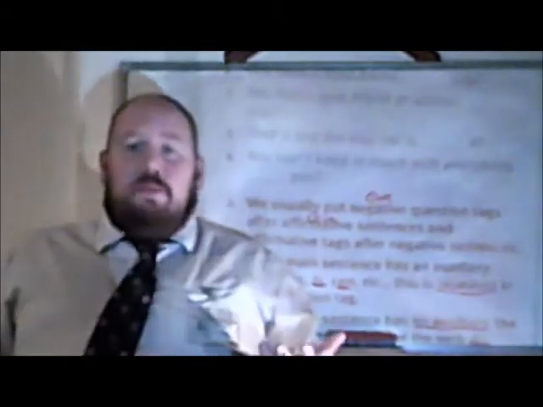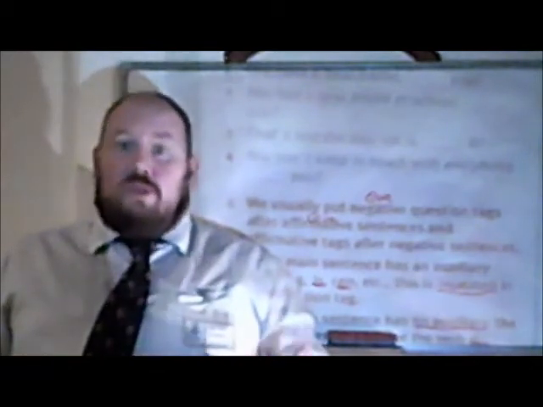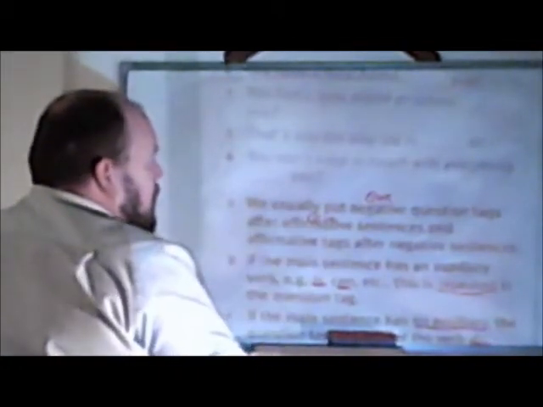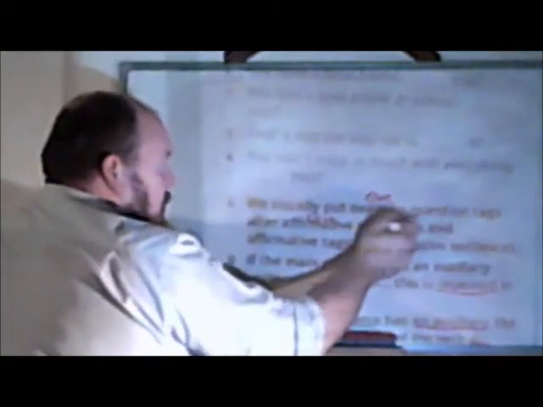You have a best friend, something you. So I need to establish what's going on in the sentence. Okay, first of all, you have a best friend. This is positive. So I know from that one I have to give a negative question tag.